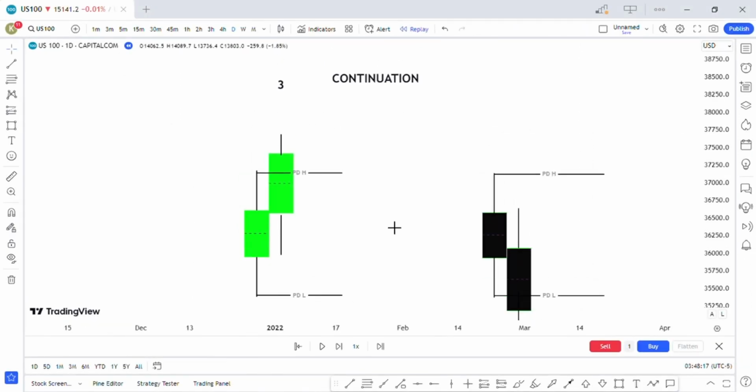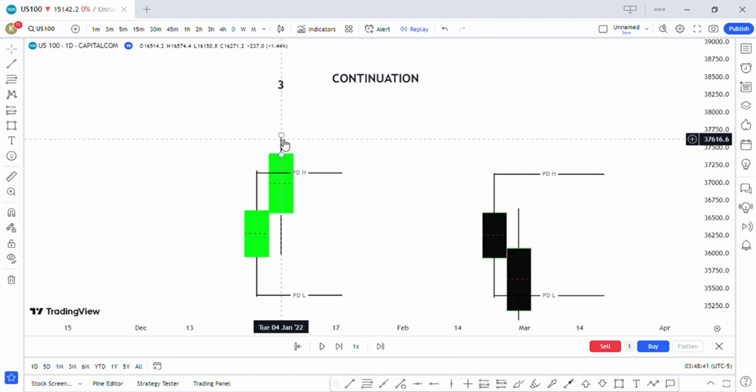In the information you see here on this diagram, the market opens here, shoots above the previous day's high and closes up. This tells us that the market has displaced above this previous day's high with a displacement.